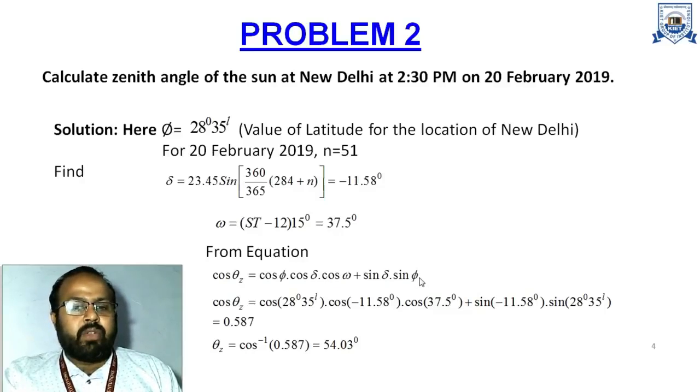We know the value of phi, we already calculated del, and we calculated omega earlier, so we have all the angle values. Putting these in, we find cos theta z is 0.587, and theta z equals cos inverse 0.587. So the value of the zenith angle is 54.03 degrees. This is the solution of problem number 2.